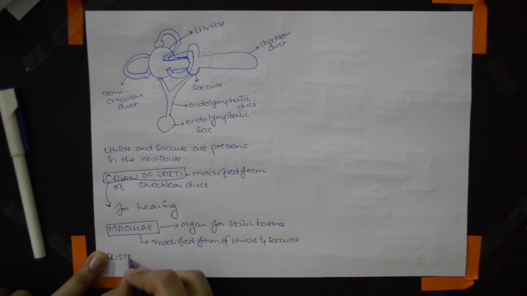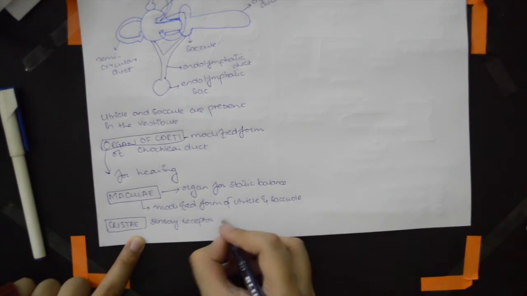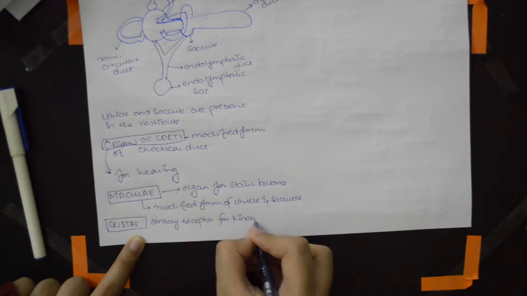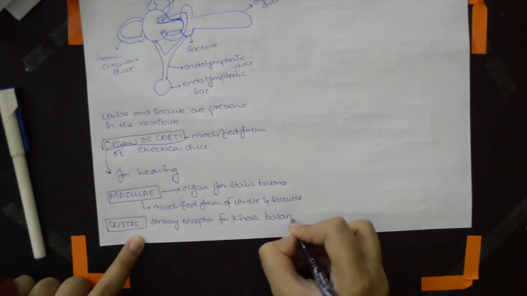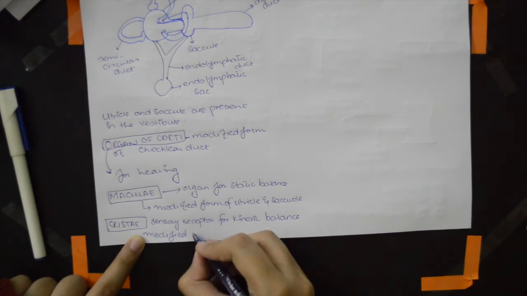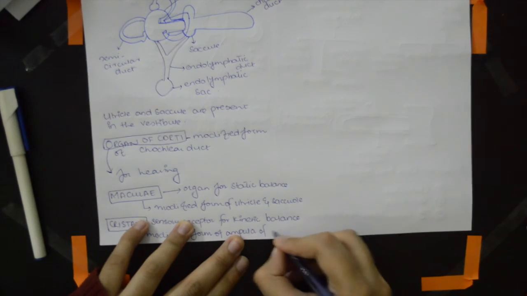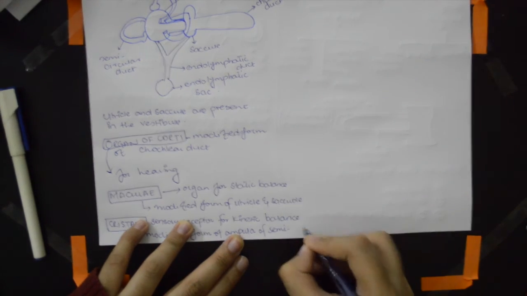Then there are the cristae. They are the sensory receptors for kinetic balance, a modified form of the ampulla of the semicircular duct.